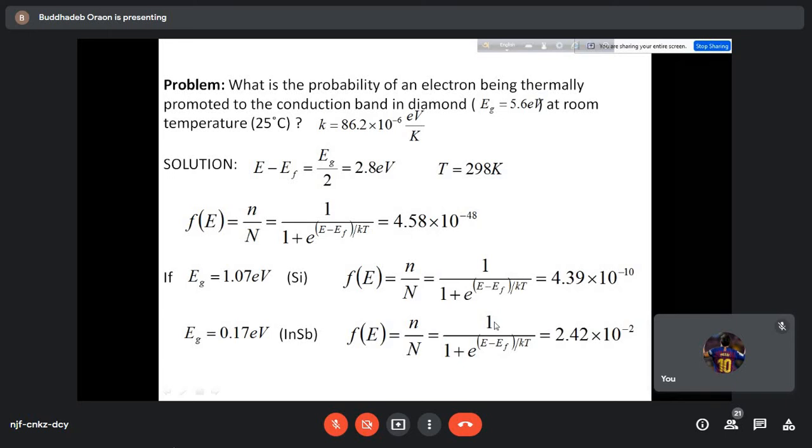That is the idea of developing new types of semiconductors artificially, so that we can reduce this energy gap and use semiconductors more effectively. This is the idea from this problem that I want to explain to you.